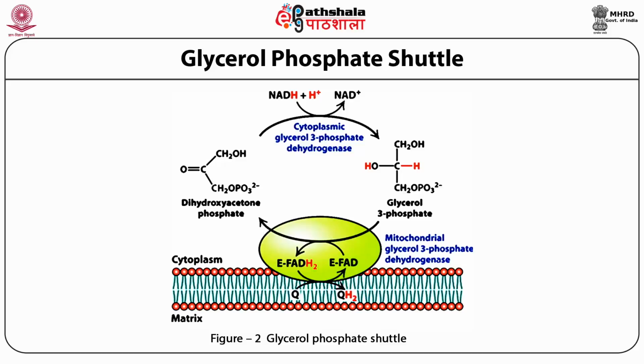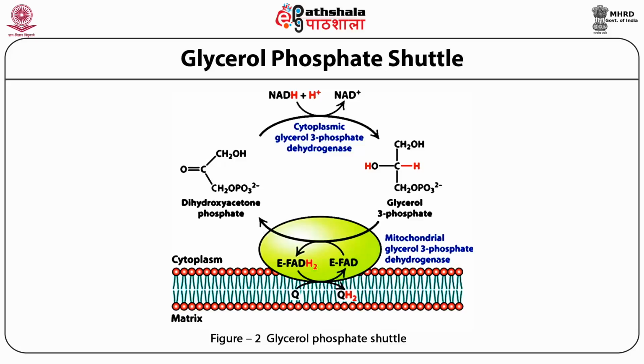The mechanism is that in this shuttle, the enzyme glycerol 3-phosphate dehydrogenase 1 converts dihydroxyacetone phosphate to glycerol 3-phosphate by oxidizing one molecule of NADH to NAD+. Glycerol 3-phosphate gets converted back to dihydroxyacetone phosphate by an inner membrane-bound mitochondrial glycerol 3-phosphate dehydrogenase.